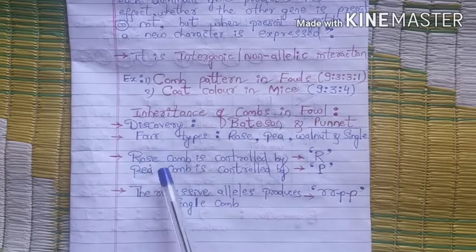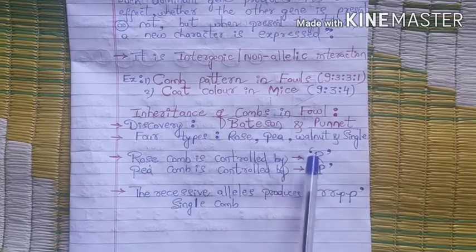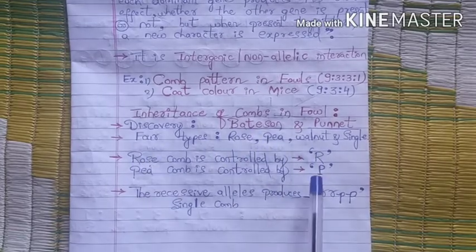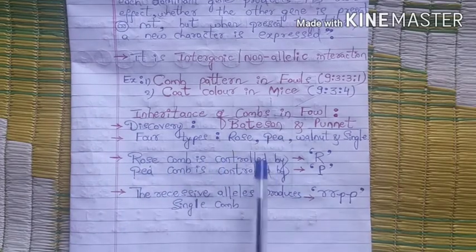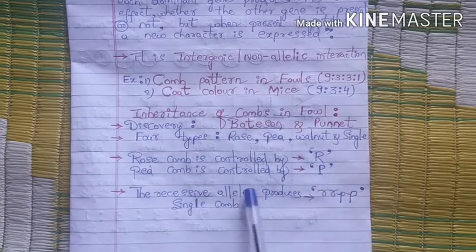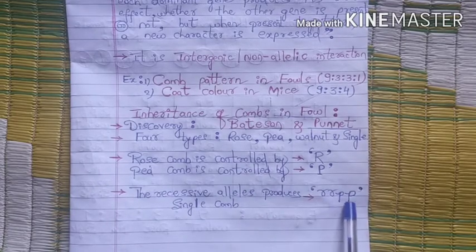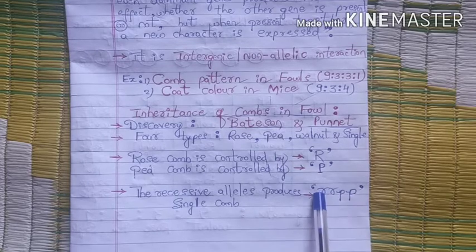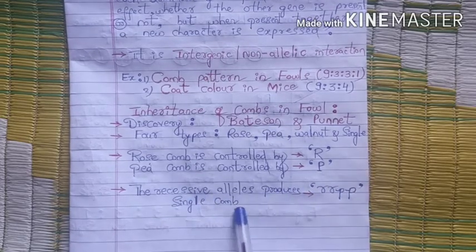So capital R controls the rose comb, capital P controls the pea comb, and when all the 4 alleles are in recessive condition, small r, small p, it produces single comb.